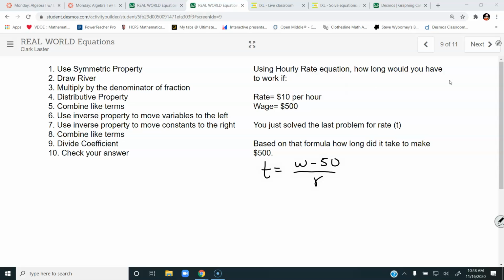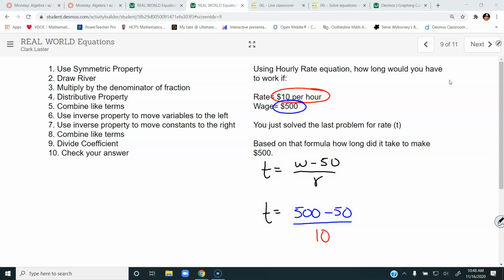So now it says you just solved the last problem for T based on the formula. How long would it take to make $500 if you make $10 an hour? So I have my rate, which is $10 an hour, and my wage, which is $500. That's how much I have to make. So I have T is equal to my wage, which is $500, minus the bonus, divided by my rate, which is $10.